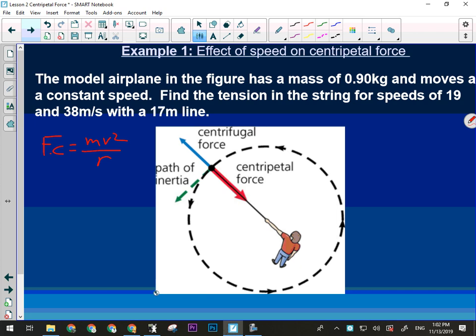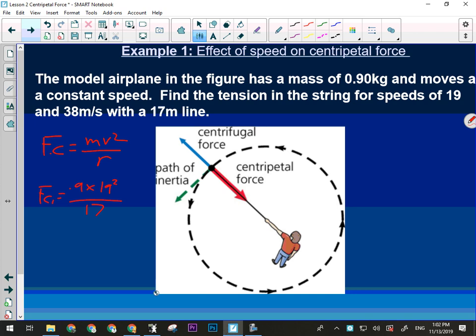All right, so if we're looking at this, then we can prove that we have this plane that's 0.9 kilograms, and we're looking for the tension in the string for speeds of 19 and 38 meters per second with a 17-meter line. In other words, our radius is 17 meters. Okay, so in situation 1, we have our 0.9 kilograms times 19 meters per second squared, divided by the 17 meter.